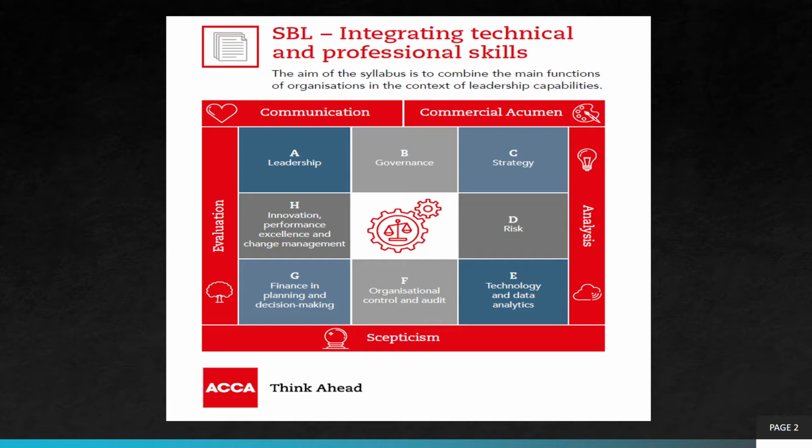In addition to this, we also have the 5 professional skills. They are given in the red rectangle. You can see the 5 are communication, commercial acumen, analysis, skepticism, and evaluation. So we are going to discuss all those 5 in detail in my next video.